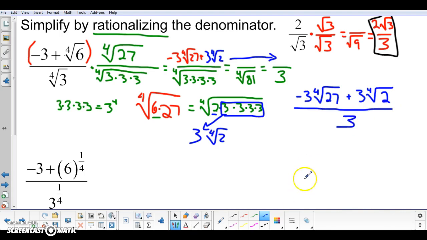But now I notice that because I'm dividing both of these terms by 3, and they both have 3 on the outside, I can cancel some 3's here. 3 divided by 3 is 1, 3 divided by 3 is 1, so we're going to have the opposite of the 4th root of 27 plus the 4th root of 2, and that will be my final answer.